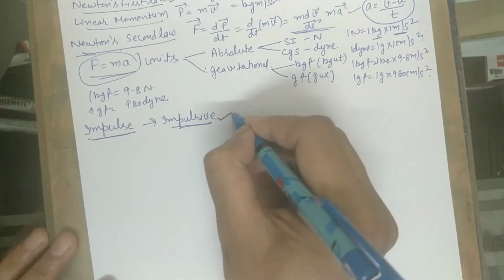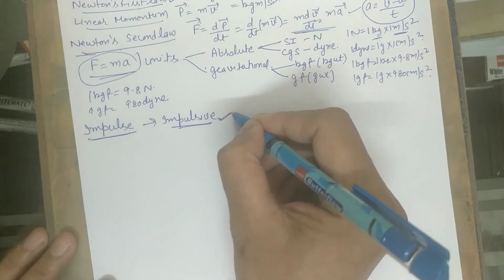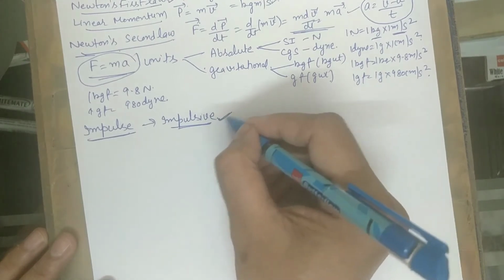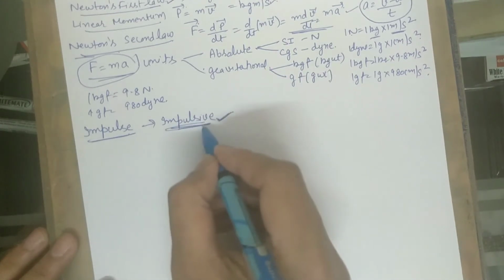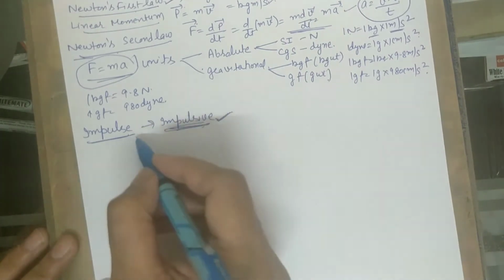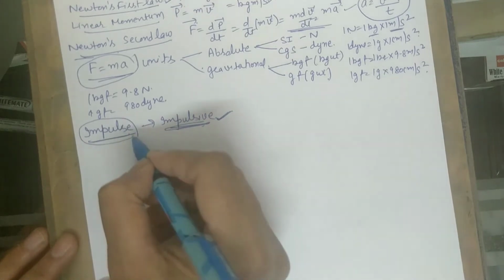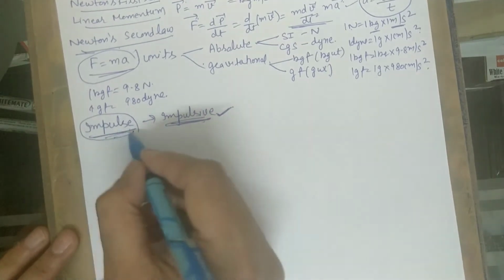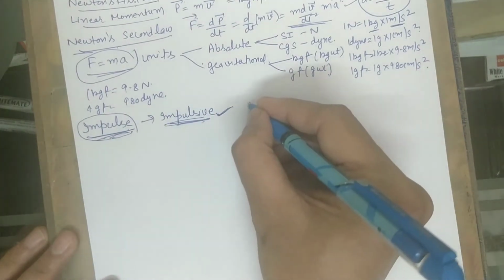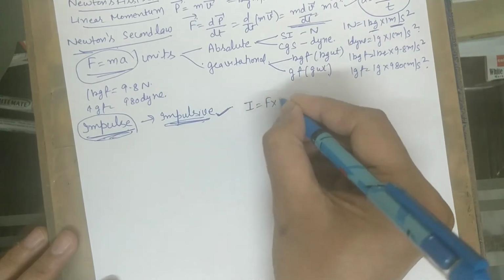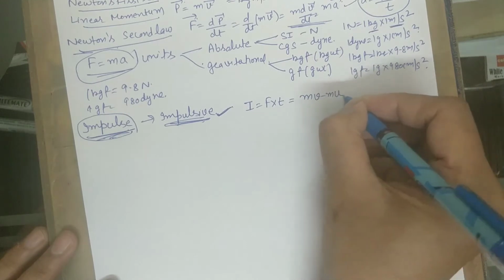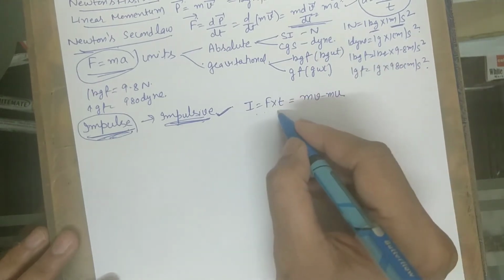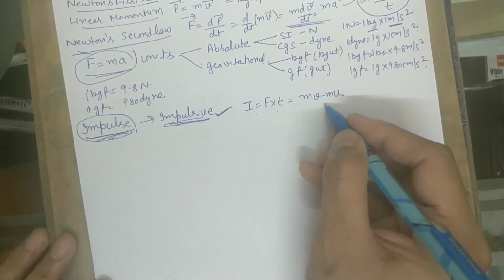But the forces which act for a very short time and are variable in nature are called impulsive forces. In that case, we measure the effect of force by measuring the impulse, and this impulse is written as force into time, or as change in momentum. So impulse is force into time and change in momentum.